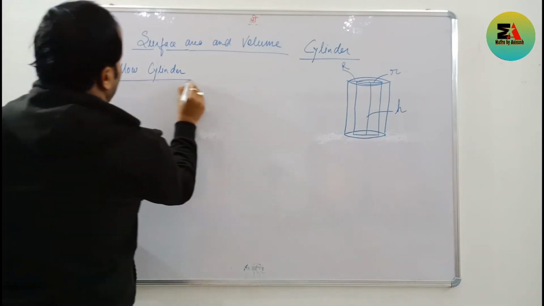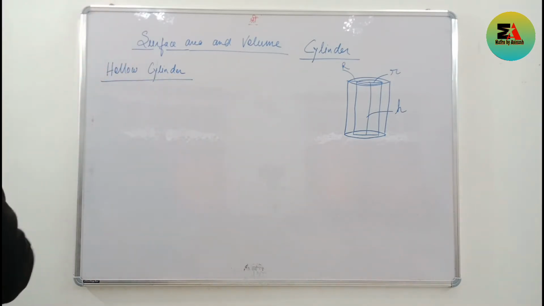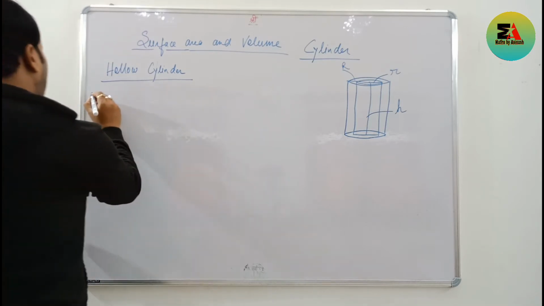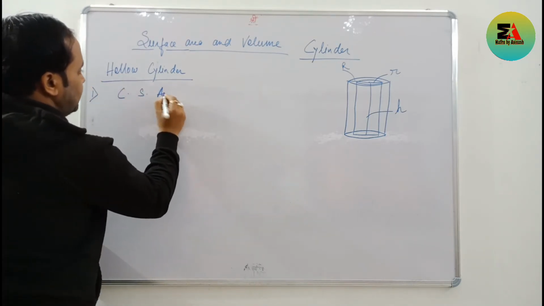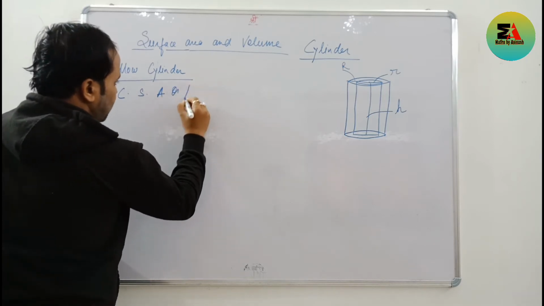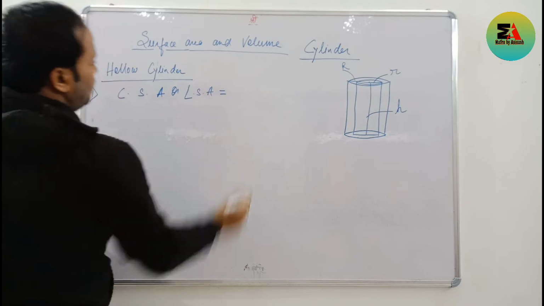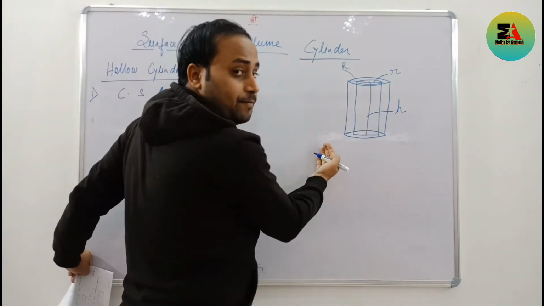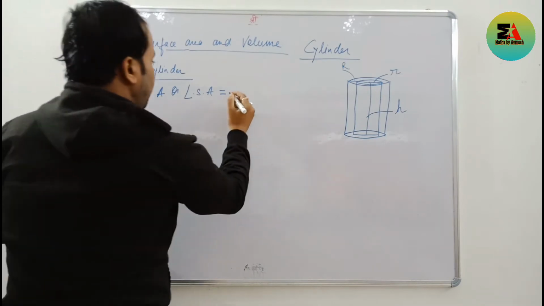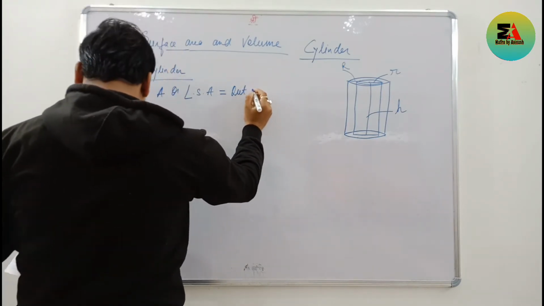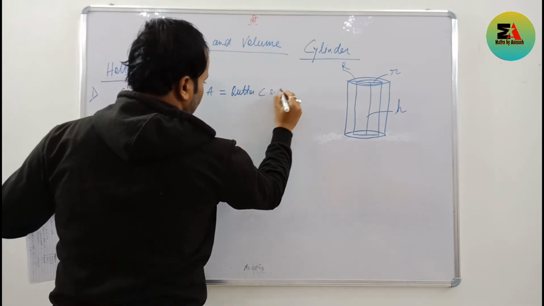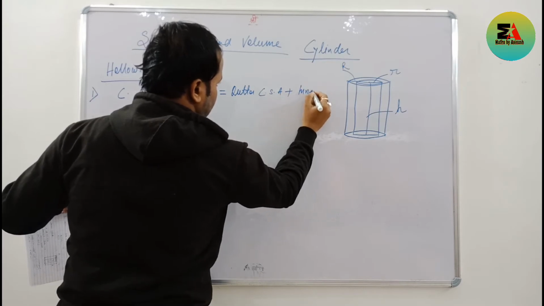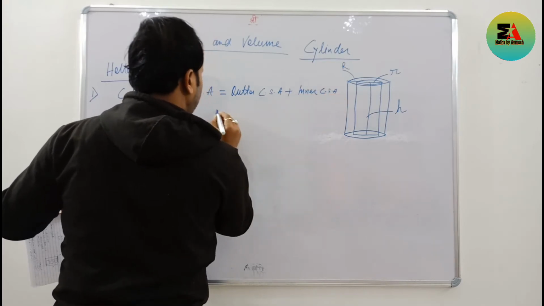Now, how do we derive the formula for a hollow cylinder? In a hollow cylinder, first we talk about curved surface area. Curved surface area is also represented by CSA, or it is also known as lateral surface area. Both are the same. We calculate outer curved surface area plus inner curved surface area.